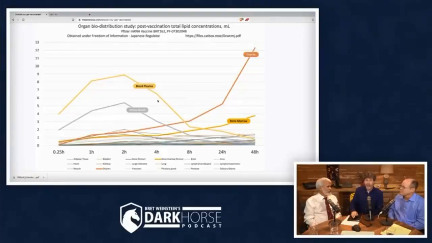I know from other work that it also seems to show up preferentially in lymph nodes, which raises the question of whether lymphomas might be created. In any case, these are possible long-term effects that we have no way of knowing don't arise, because these things have not been injected into people for more than a year.